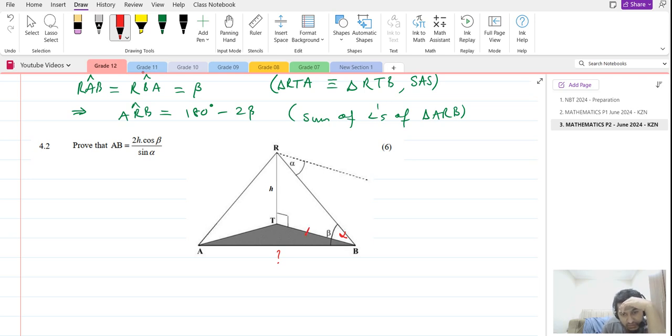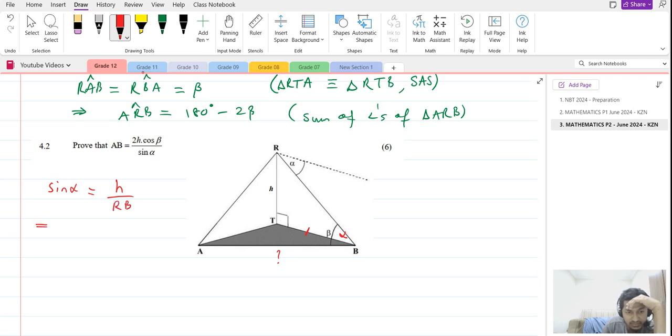We can use H and alpha to solve. We want RB, so that's the opposite over hypotenuse, so sine alpha is equal to opposite, which is H over RB.